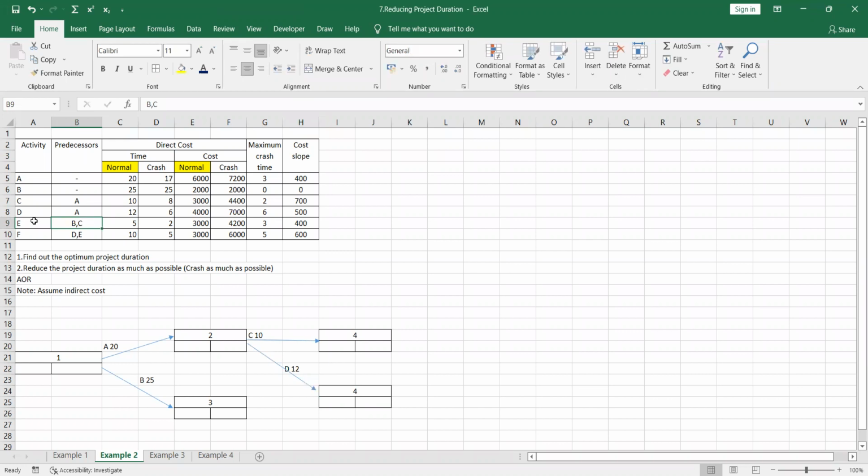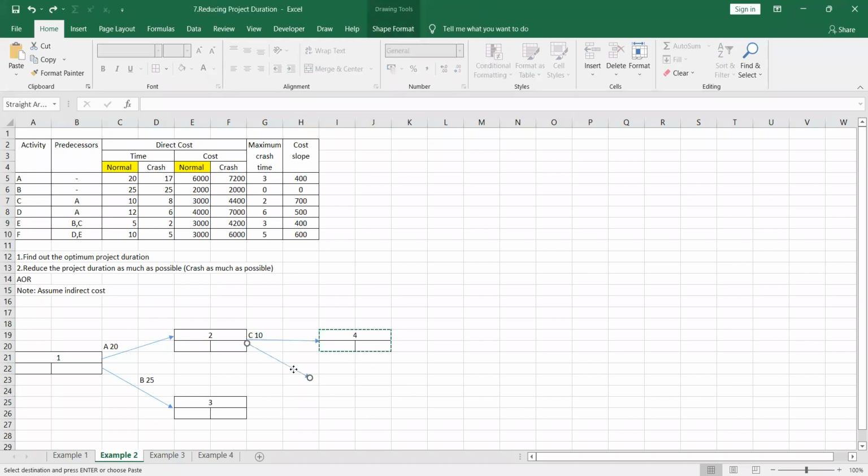So the next one is the E activity. For the E activity, B and C are the predecessors. So it is better to put this D activity on the next path. It is better to get this C activity here. So the D activity, let's draw it on this side.